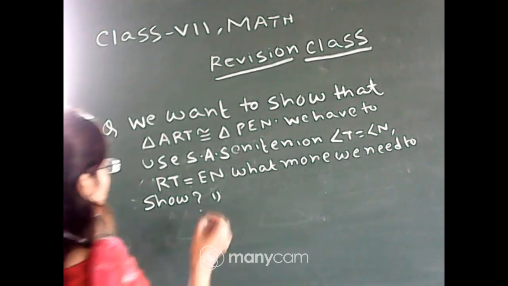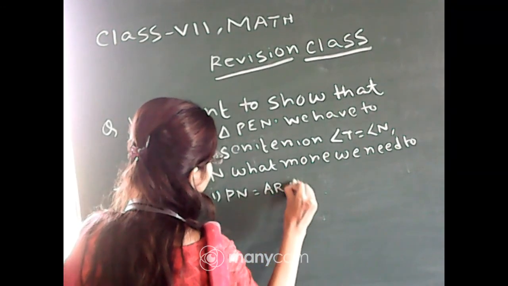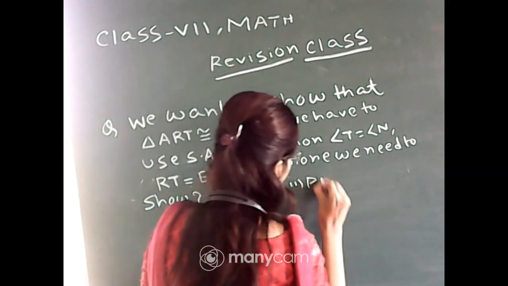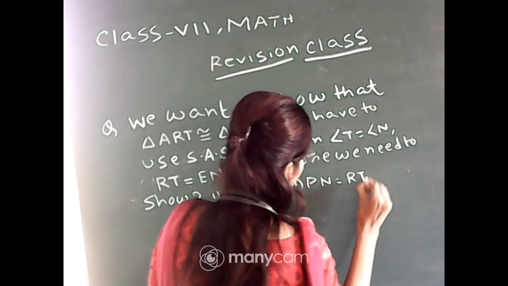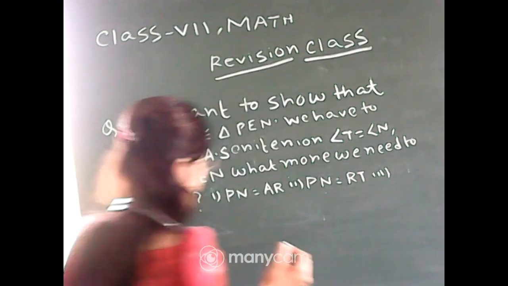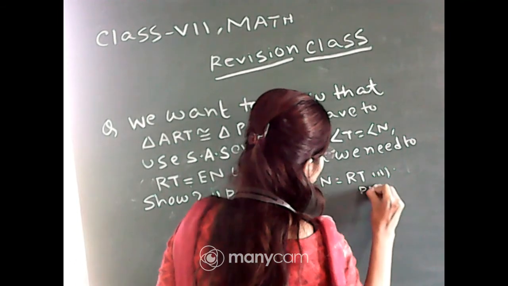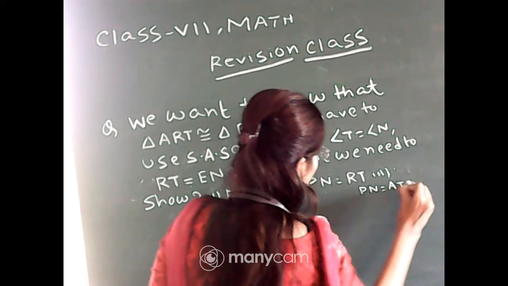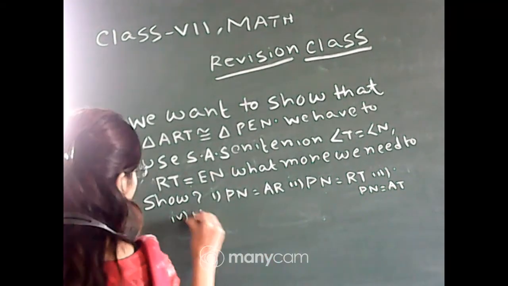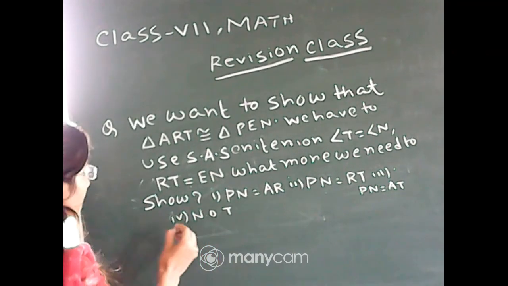First option is side PN is equal to side AR. Option 2 is PN is equal to RT. Option 3 is PN is equal to AT, and option 4 is none of these. First we draw the triangles ART and PEN.